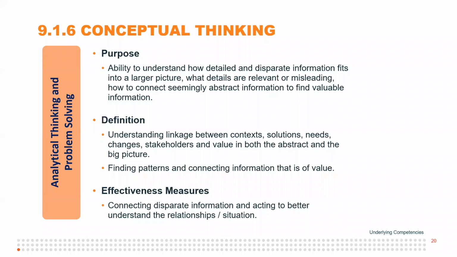So you need to be able to understand the linkage between context, solutions, needs, changes, stakeholders, and value in both the details and the big picture. And then you need to be able to find patterns and connect information that is of value. And the effectiveness measure is connecting disparate information and acting to better understand the relationships and situation.